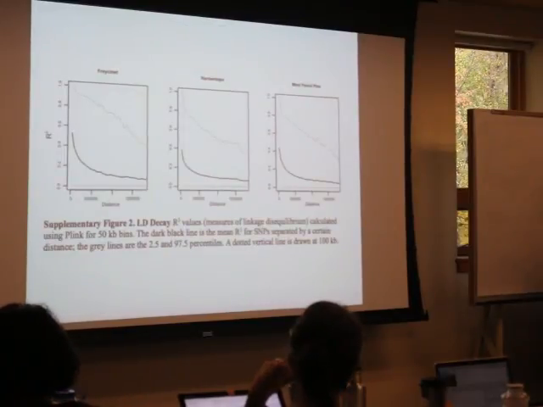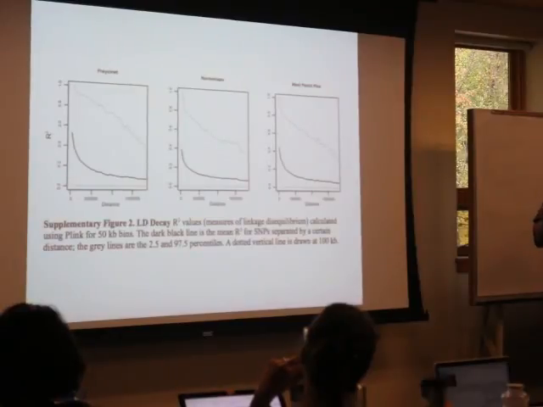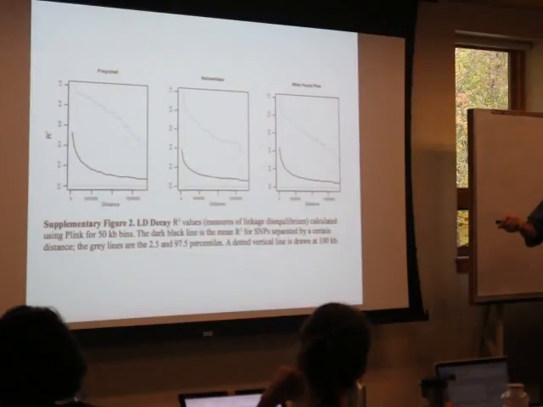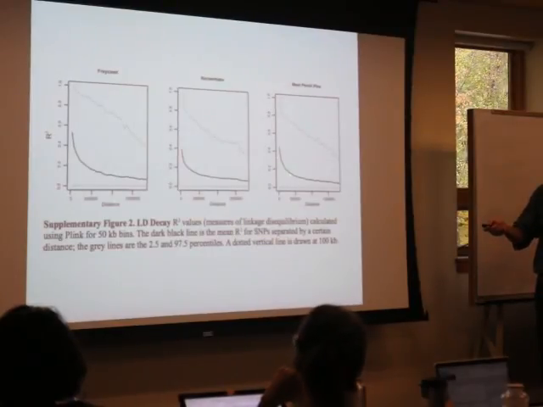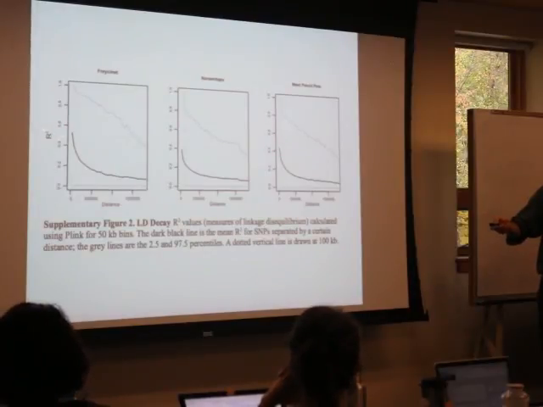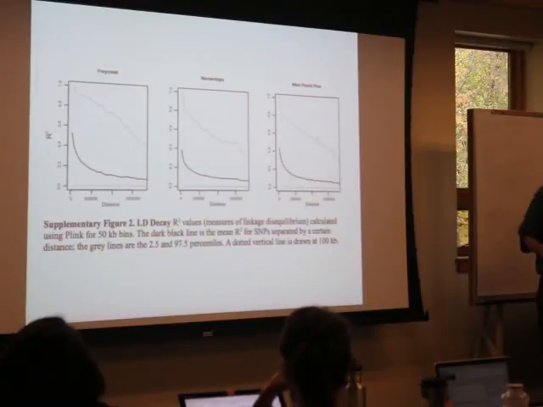I mentioned the extent of LD, so this is LD decay for these three different populations. Sorry about the axis labels on here, but this is 1 megabase, 1.5 megabases. This is the LD decay with confidence limits. So it extends out 100 kb or more, certainly. Just like I showed before, this is just a correlation, right? So this is just linkage disequilibrium in terms of correlation.